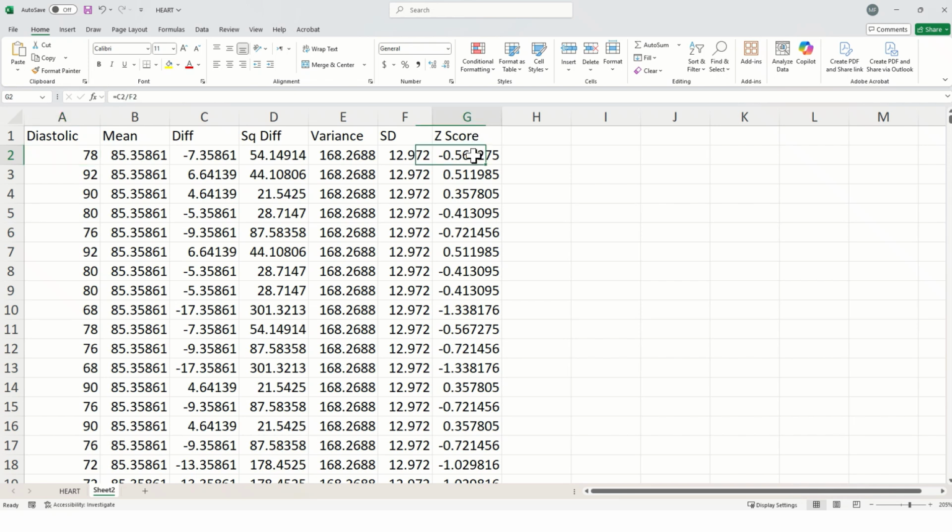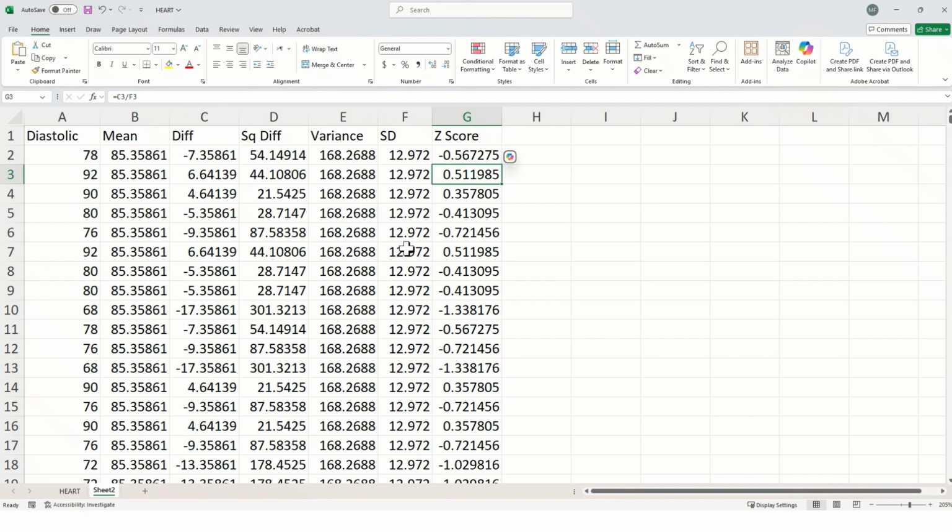What z-score calculates is, instead of the standard deviation in terms of that particular unit, it is going to standardize that difference by a value which is comparable from one variable to the other. I will explain that in a second.